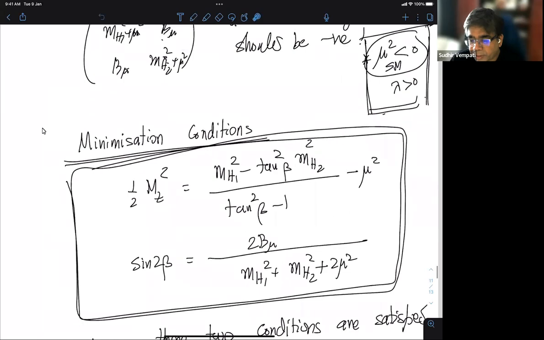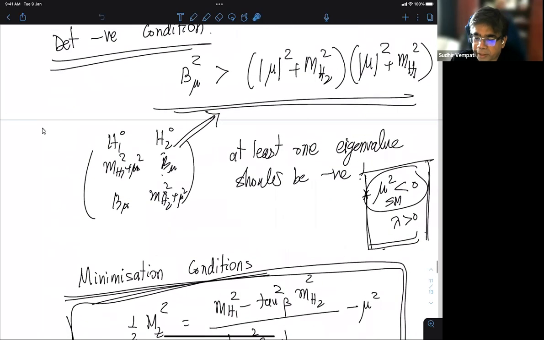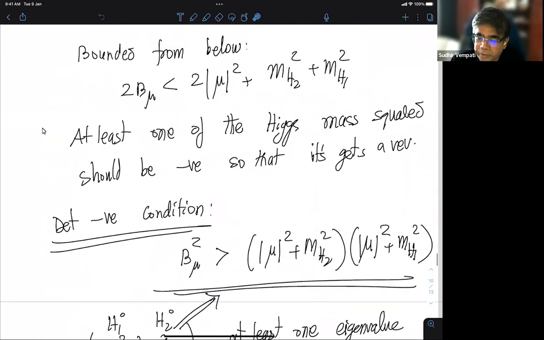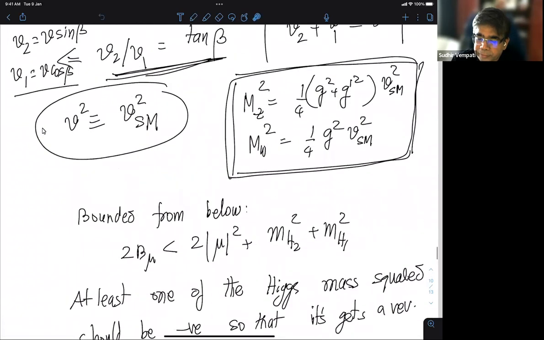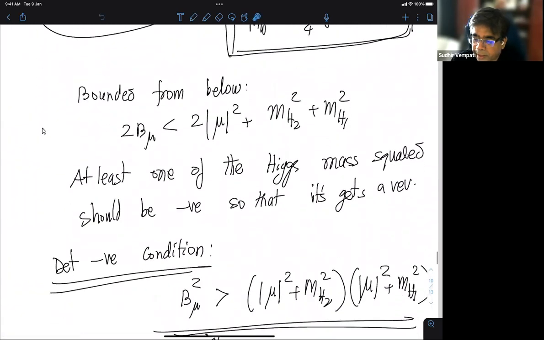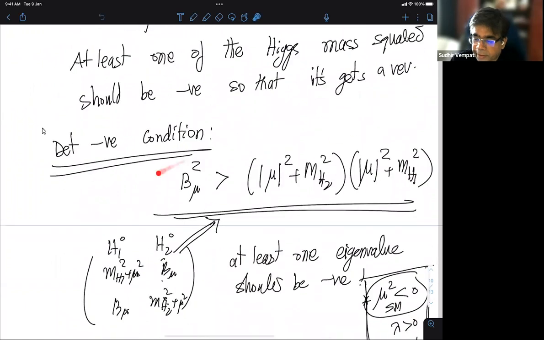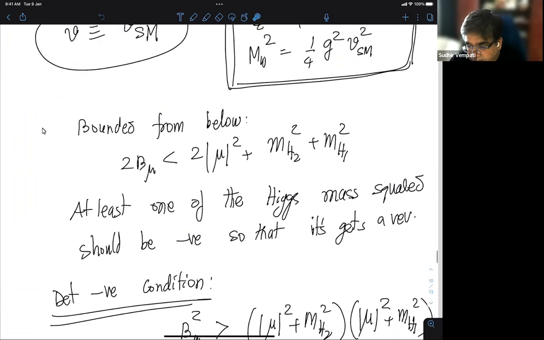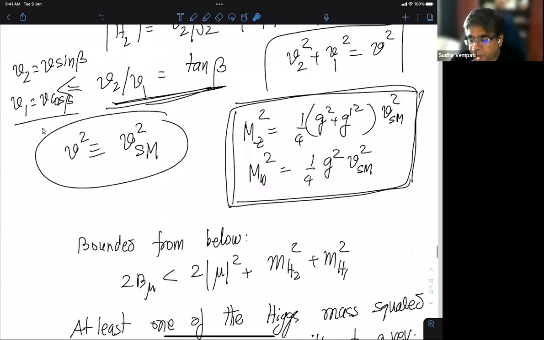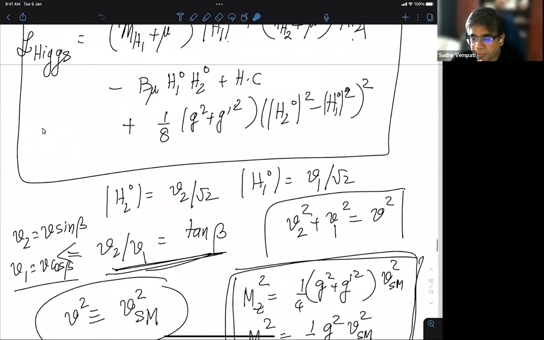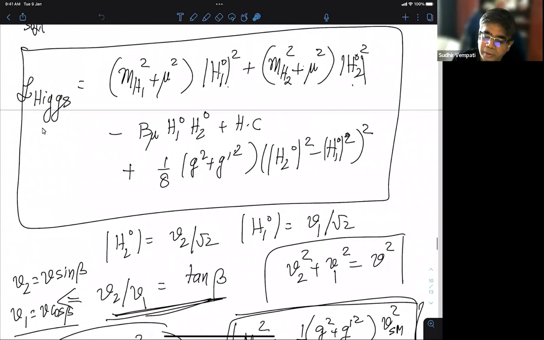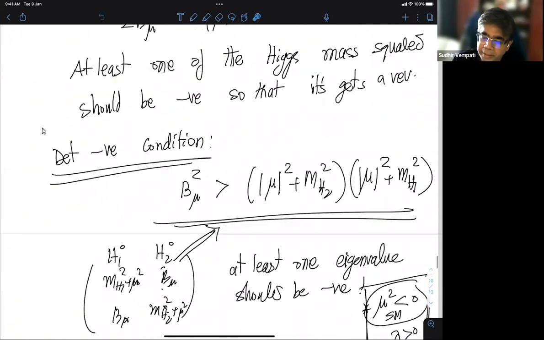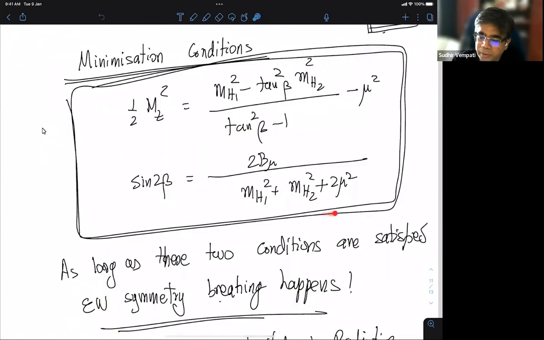We derived that assuming that the potential is bounded from below, which gives you these conditions, and also these two conditions. The determinant should be negative. So that means that one of the Higgses, MH2 squared or at least MH1 squared, should become negative. Now, there are a few subtle points in this bunch of equations. This is your minimization conditions, which we covered last time. These are the two conditions.